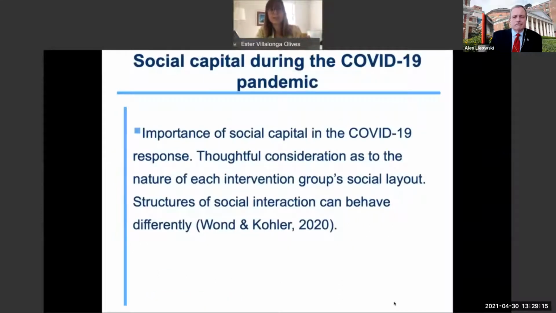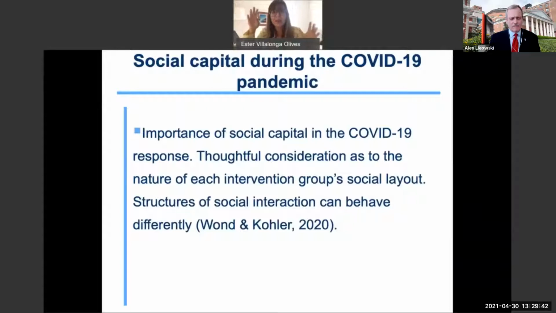And importantly, I have been thinking about the role of social capital during the COVID-19 pandemic a lot, and I believe it has been, and it's still very important. And we have to pay attention to the characteristics of the groups and their social networks, access to resources, behavioral norms, and the use of information when planning an intervention, right?